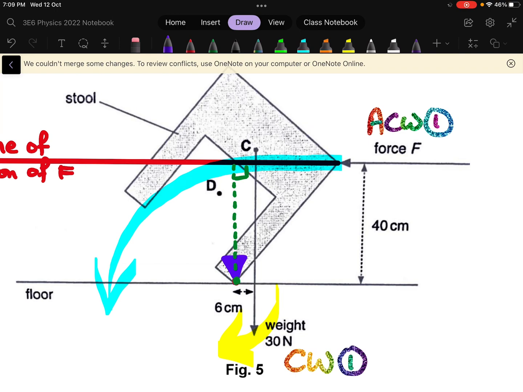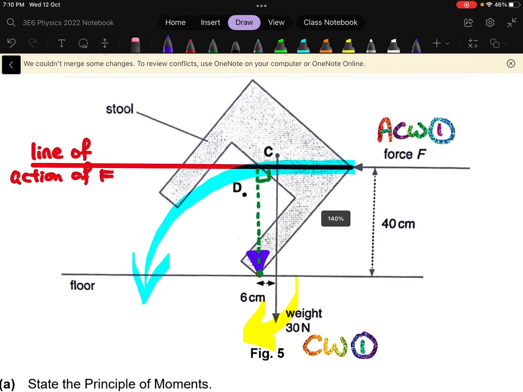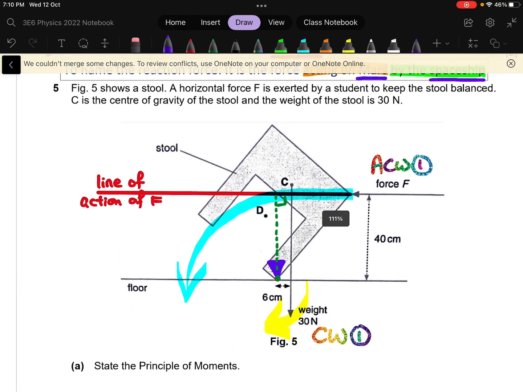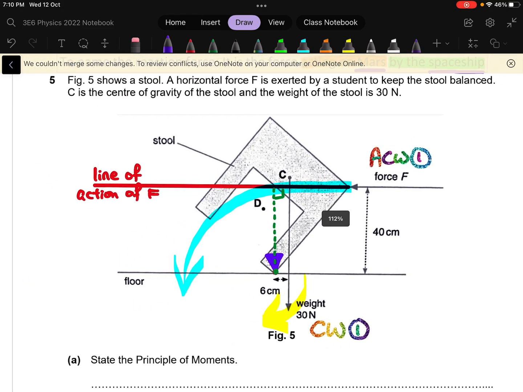When you reach secondary 4, moment questions will consist of 3 or 4 forces, and you may have 1 or 2 pivots to choose from. In fact, some of them may even ask you where the weight is, and you are supposed to locate the center of gravity. So actually in this particular test, we are really giving you some leniency.